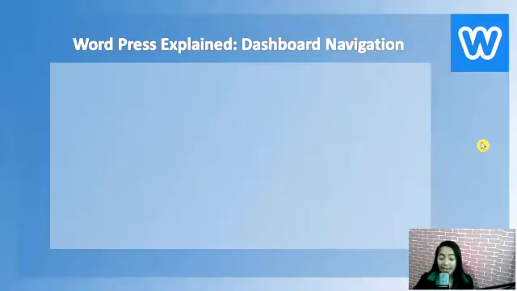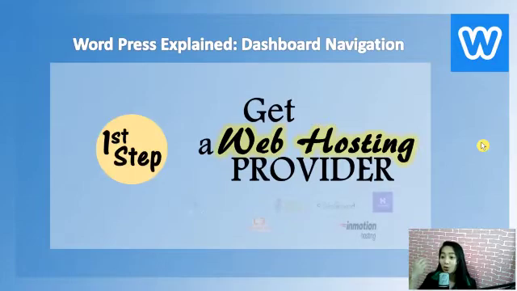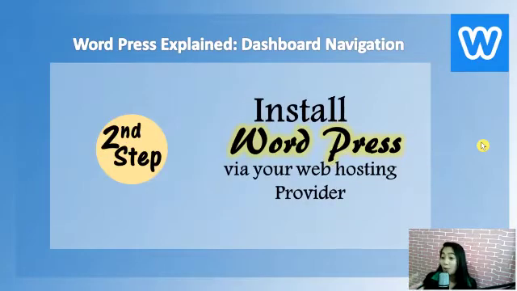Before you could even gain access to the WordPress dashboard, there are certain steps that you need to do first. The first step is for you to get a web hosting provider. You can choose Bluehost, Hostinger, SiteGround, HostGator, and the like, or any of the top 9 picks that we have provided to you in this webinar. Once you've selected a web hosting provider, you can go to step 2, which is installing WordPress.